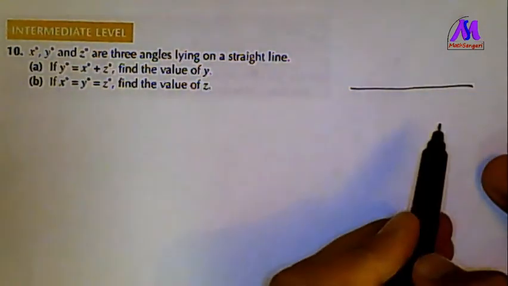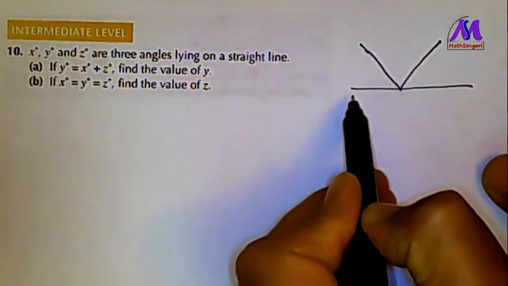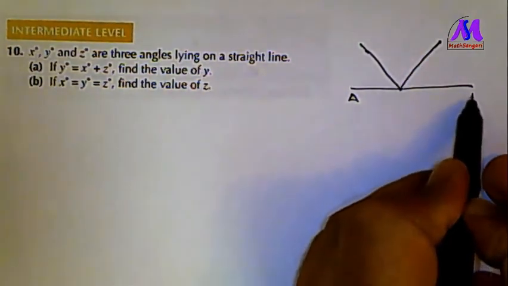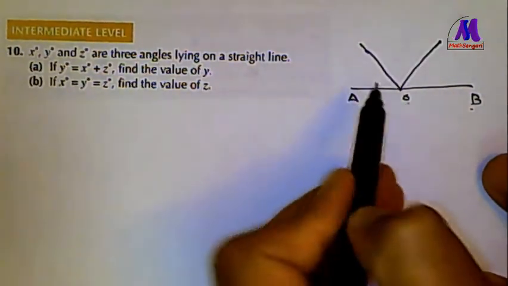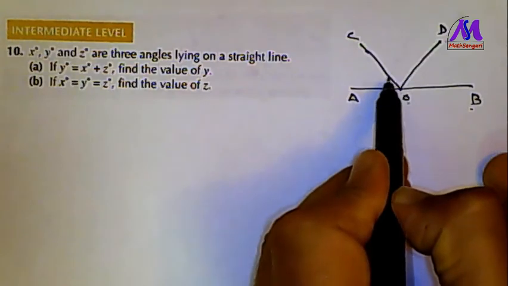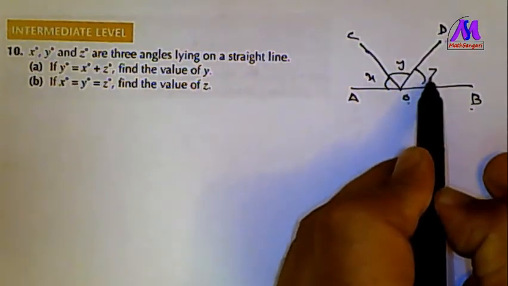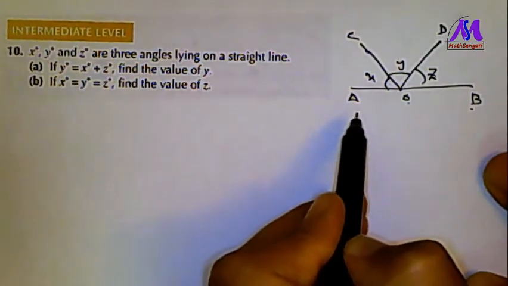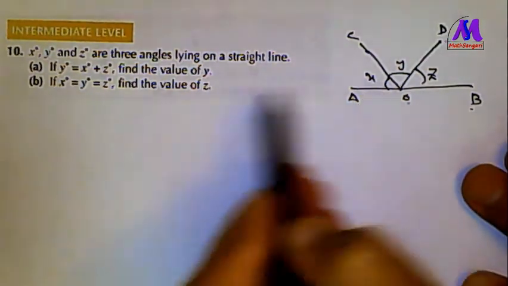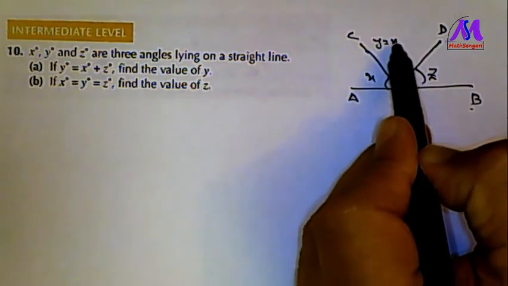It's a straight line, and three angles lie on the straight line AB, with point O, and lines C and D, just like this one. x, y and z lie on a straight line, and the given condition is that y equals x plus z.